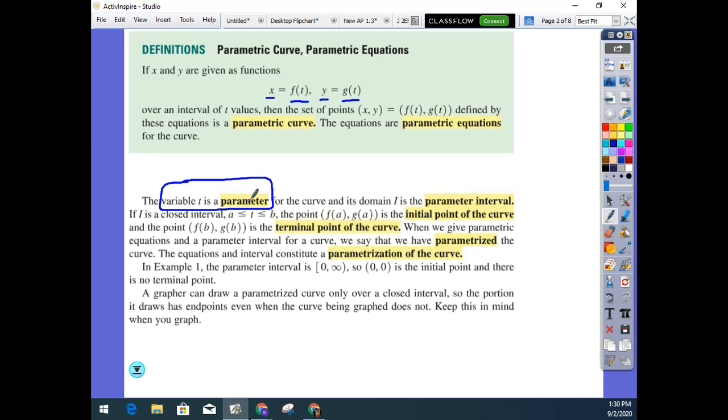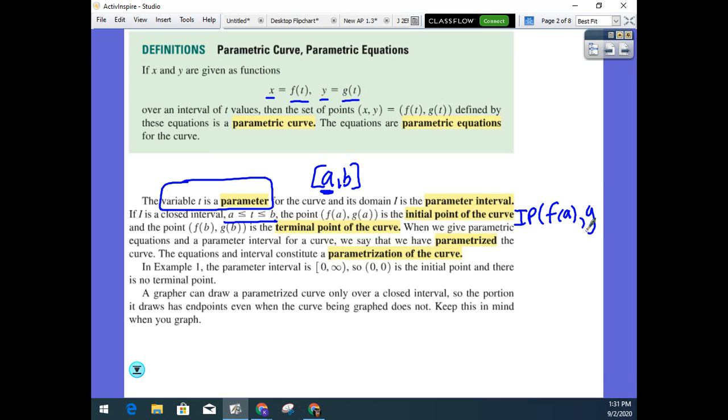So I'm going to point this out, the initial point. So if we're given a domain, a closed interval, A to B, this is the first point I'm going to plug in. I'm going to plug A into F. So we say F of A is our X value, because look up here, F tells us the X, G tells us the Y. So our initial point, I'm just going to call it IP for initial point, and G of A is my Y value.